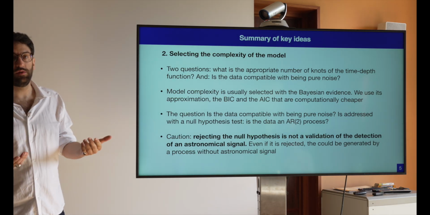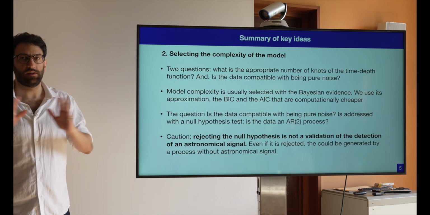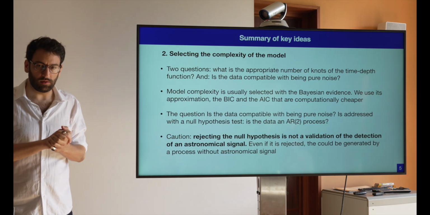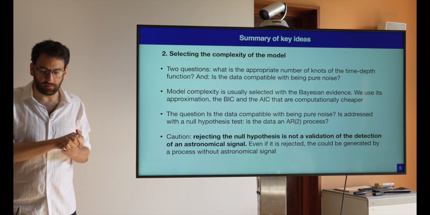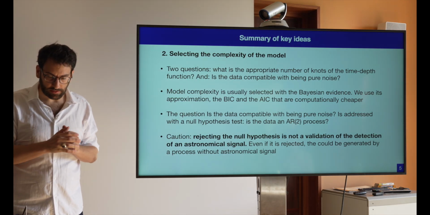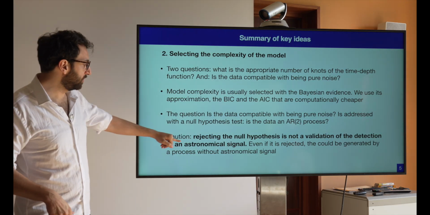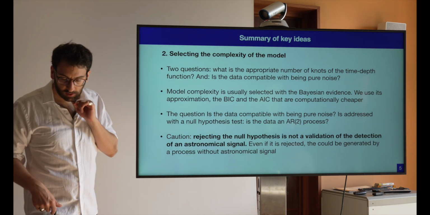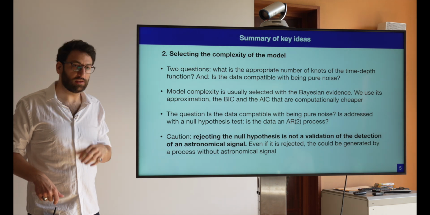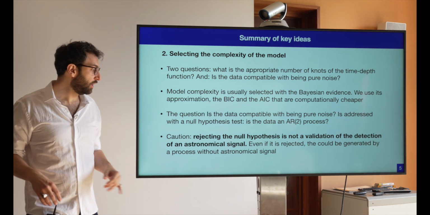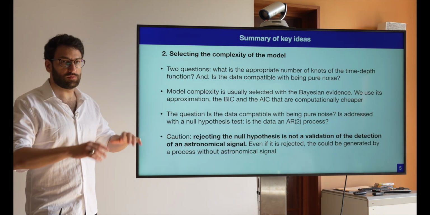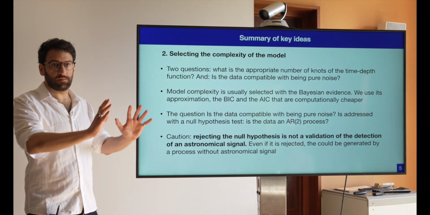And the other question is, if we think that there is an astronomical signal, what is the complexity of the time-depth function we want? I also want to stress that rejecting the null hypothesis is not, in principle, a validation of the detection of an astronomical signal. When you reject the null hypothesis, you just reject that the data is a certain type of noise.